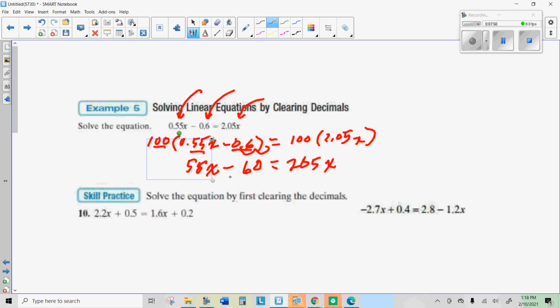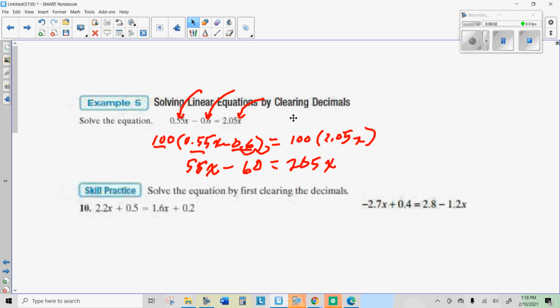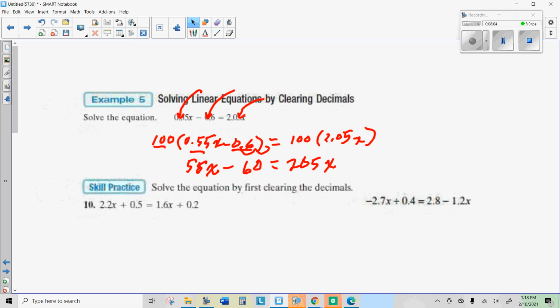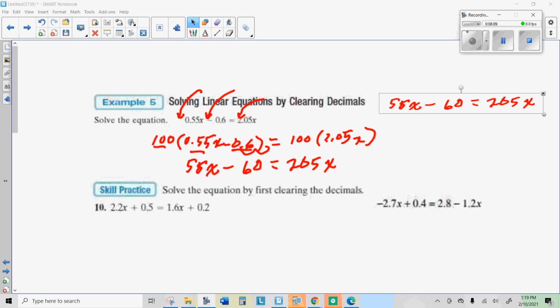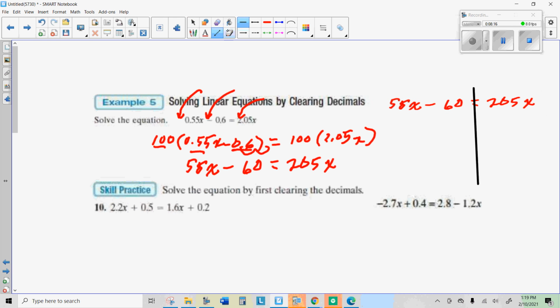Okay, now once we have that, I'm going to move that up again. All right, now I just need to finish that. I need to get rid of the x's from one side, so I'm going to subtract 55x.